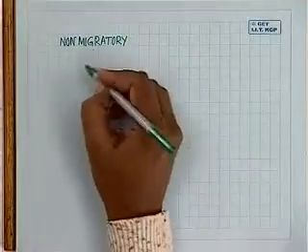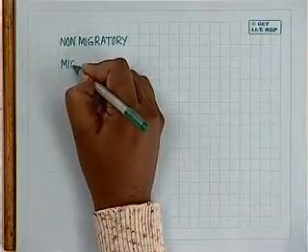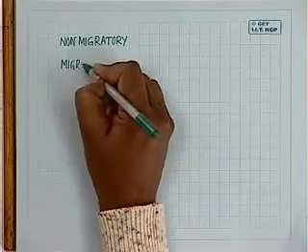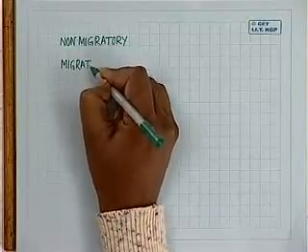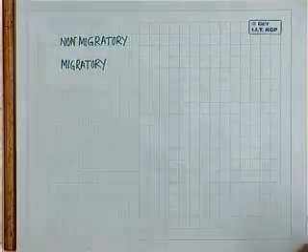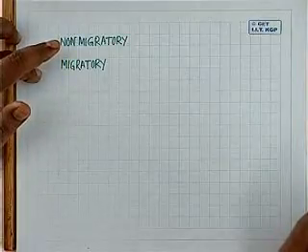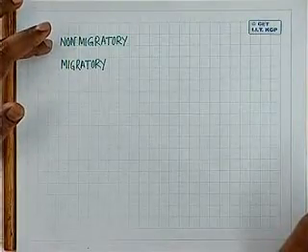And the other is the migratory allocation technique. Now, what are non-migratory and migratory? We can say that non-migratory is to some extent static in nature.